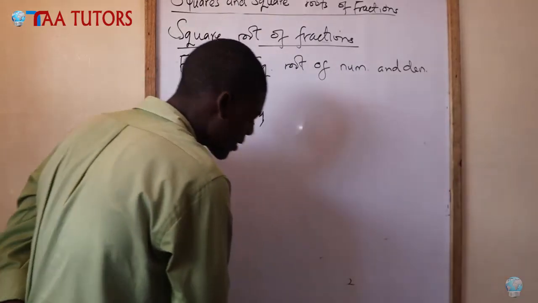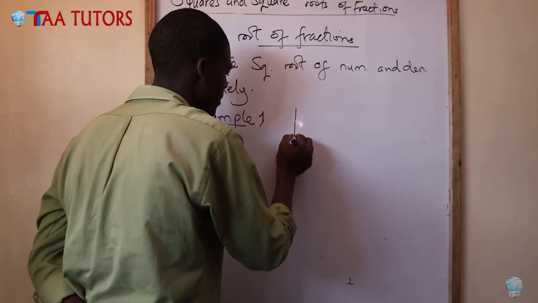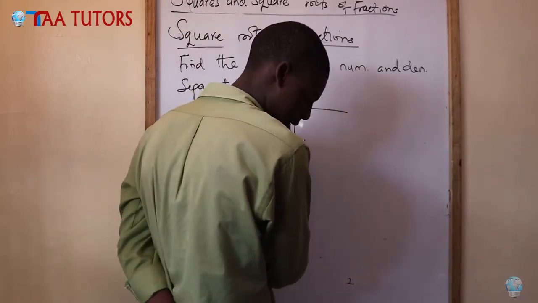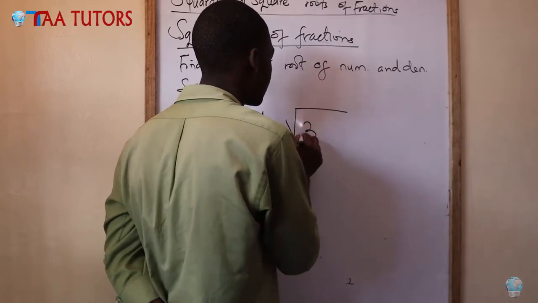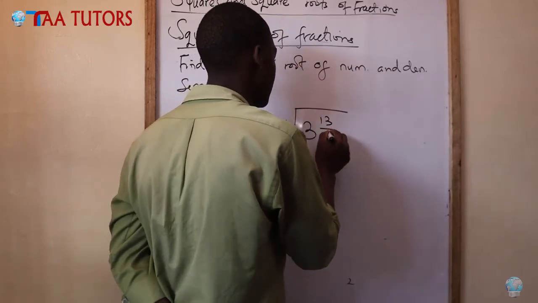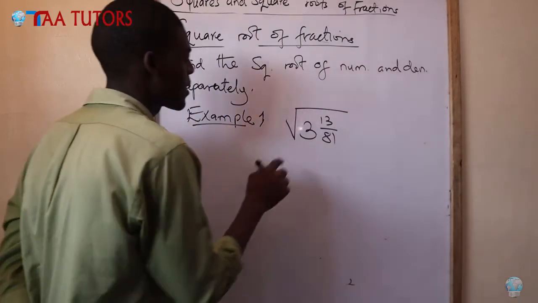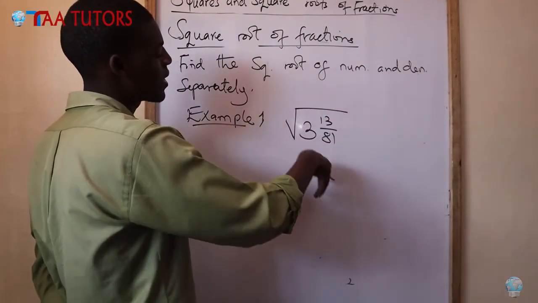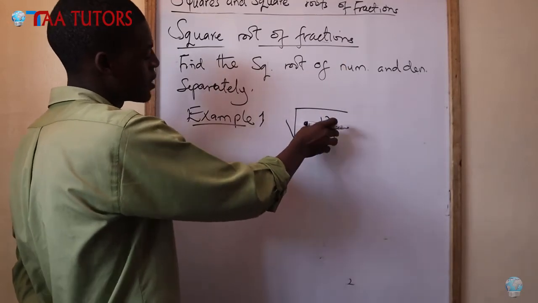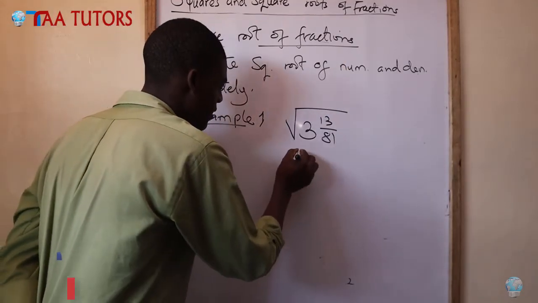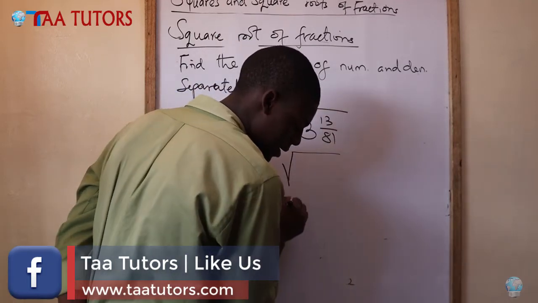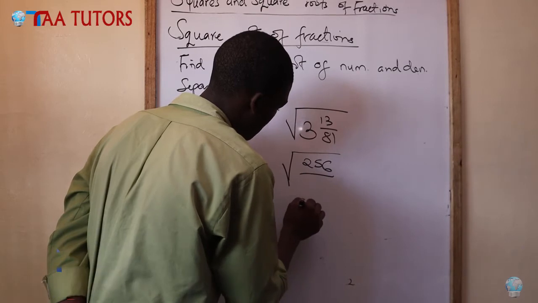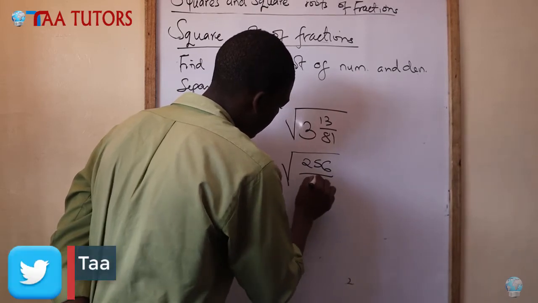My example is this. This symbol is that of square root. Inside it, I have 3 whole number, 13 over 81. In this case, the first thing I'm going to do is to convert whatever is inside to an improper fraction because it is mixed. So I'll go ahead and have this. That one is 256 over 81.